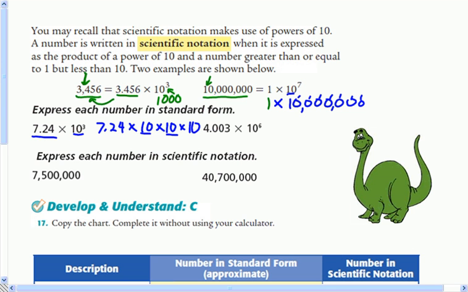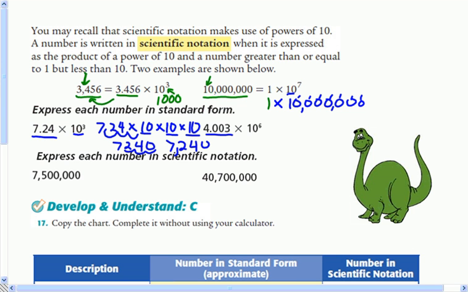And every time we multiply by 10, the decimal is going to move one place to the right. So we're going to have 7. We started with 7.24, and we need to put a 0 there for the third time. So it's 7,240.